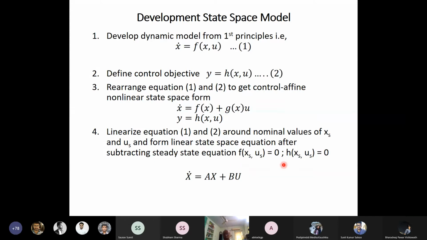If you do that, then we'll have this linear state space model. Okay, so this is basically the methodology for developing a state space model, whether it's nonlinear or linear.